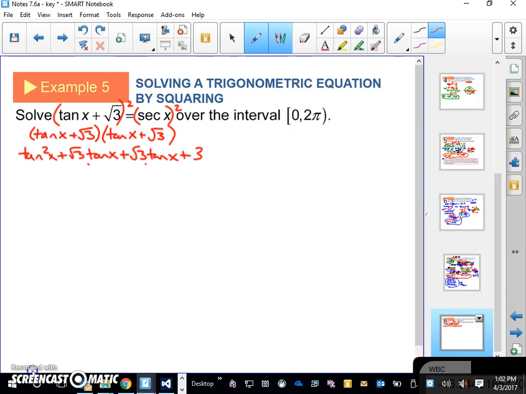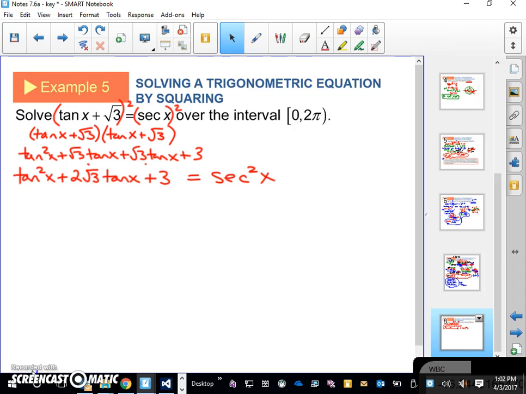And so like terms, we would have tangent squared x plus 2 times the square root of 3 tangent x plus 3. That's what we would have on the left side when we square both sides. Kind of difficult to do that in your head. You definitely don't just distribute the 2. Please don't do that.